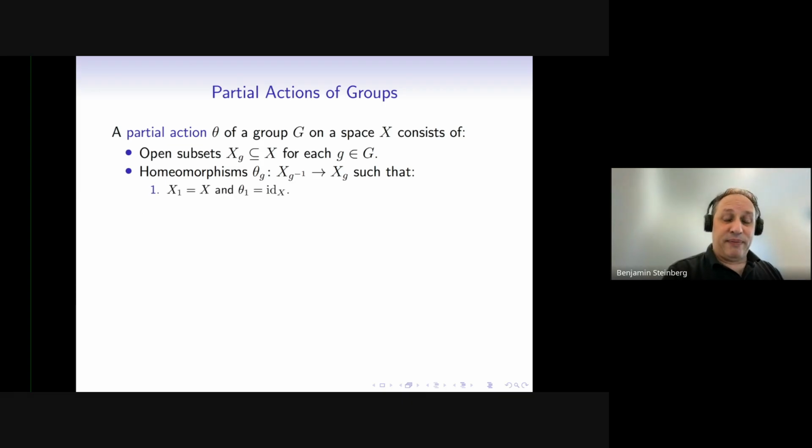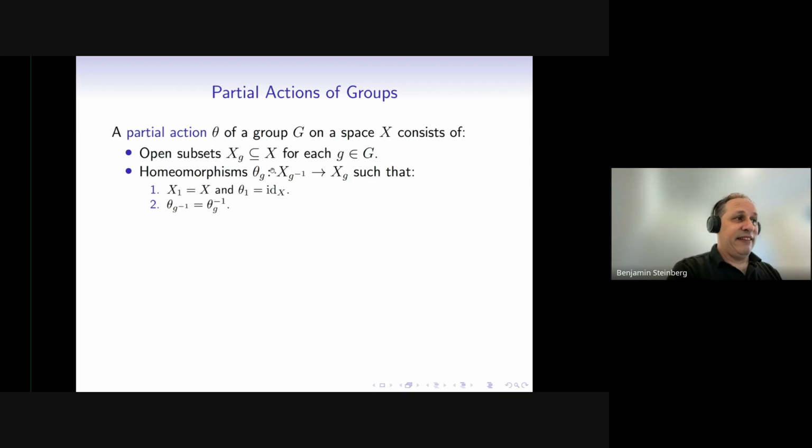Then there are some requirements. One requirement is that the domain and the range of the identity should be the whole space, and the identity should act as the identity. Number two is that theta_{g^{-1}} should be the inverse of the homeomorphism theta_g.